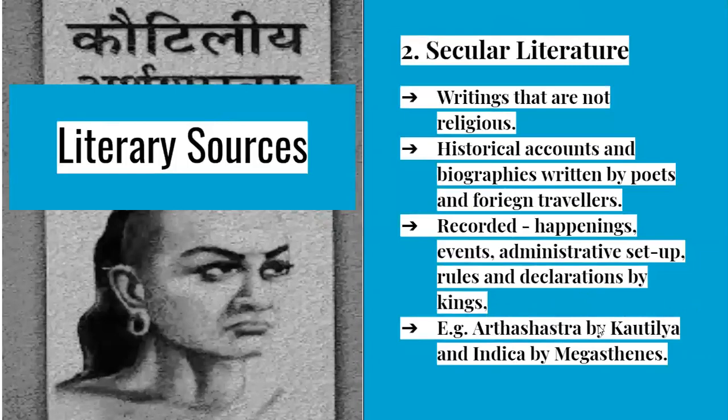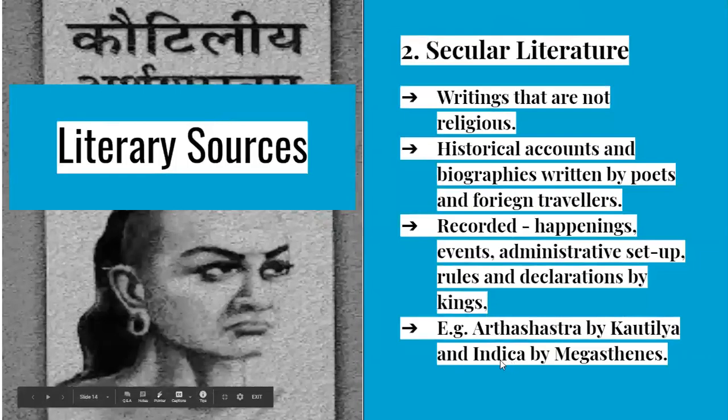Yeah. So next is Indica by Megasthenes. Now Megasthenes was a Greek. He was a Greek ambassador who came to India, and whatever he saw, he has written in his book called Indica, right? And again, how is this important, or what can it tell the historians about?